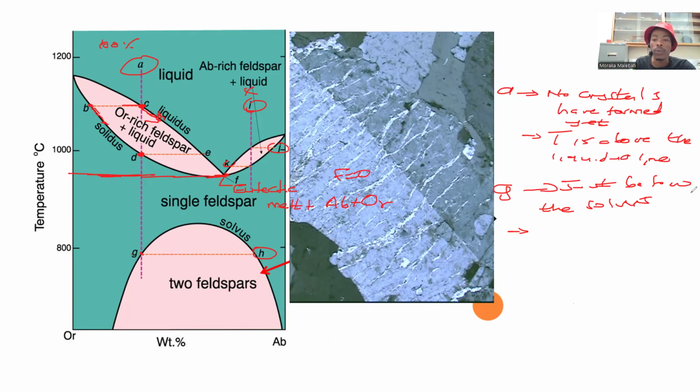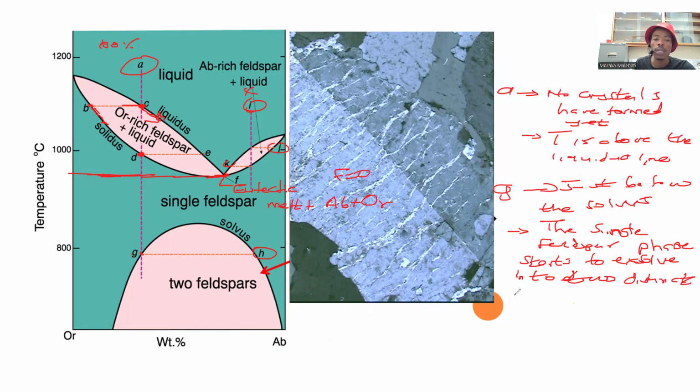Then the other thing that we know at this point is the single feldspar phase starts to solve into two distinct feldspars, which is AB rich and OR rich, but there's no such thing as pure end members, let's say albite and orthoclase. Okay, that's what we see.